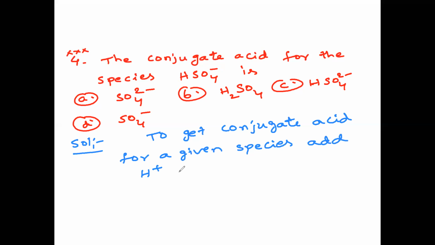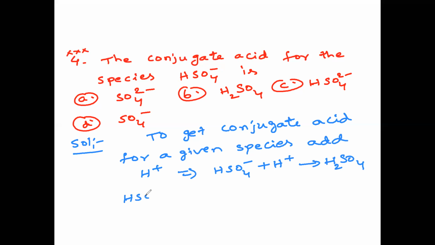So for this, if you write HSO4 minus plus H plus, the plus and minus become neutral, and H and H becomes H2, so it becomes H2SO4.